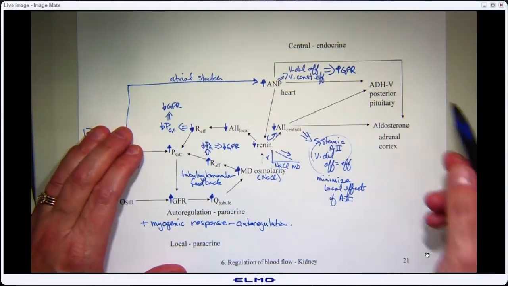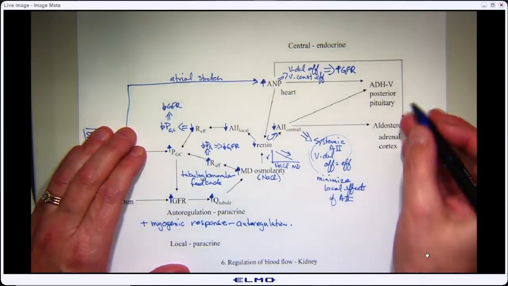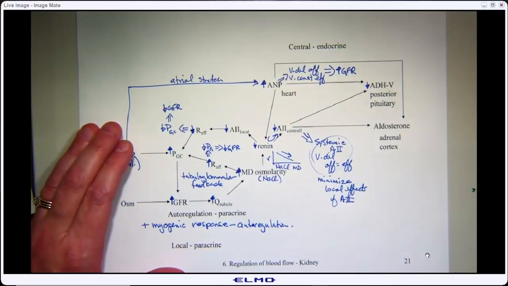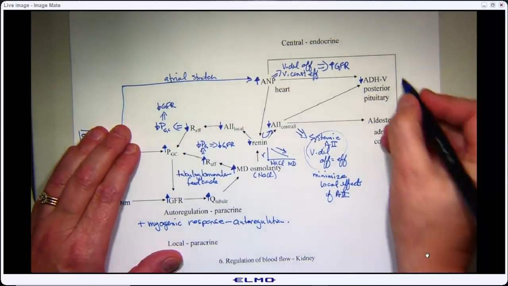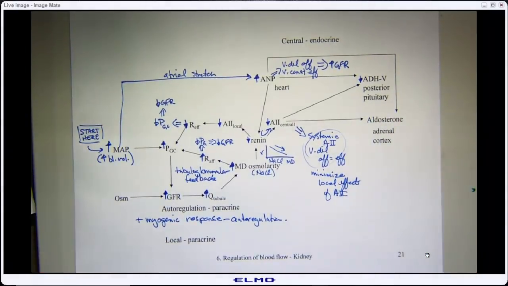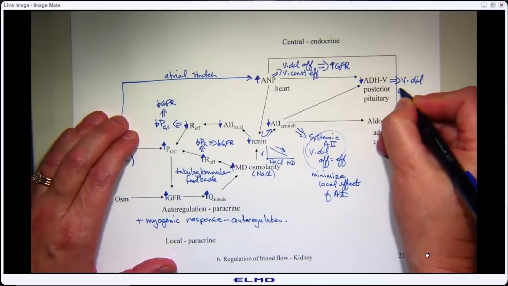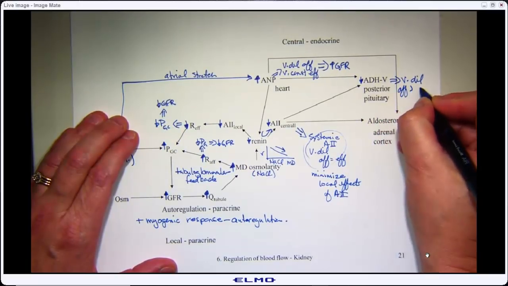Atrial natriuretic peptide also inhibited ADH, all right? So ANP is now going after all these other hormones. ADH was a vasoconstrictor of afferents over efferents, right? So now we're going to vasodilate afferents greater than efferents.